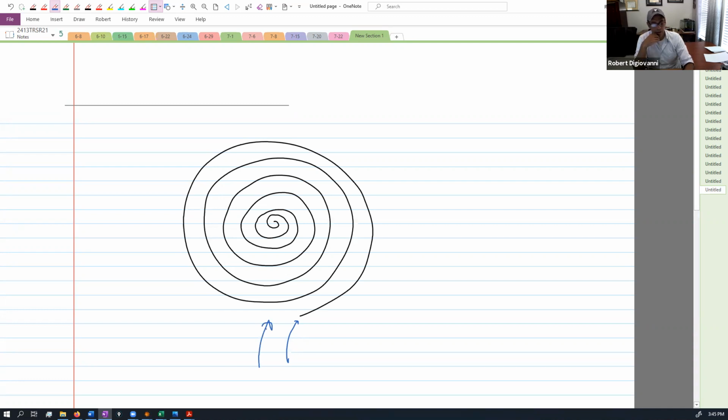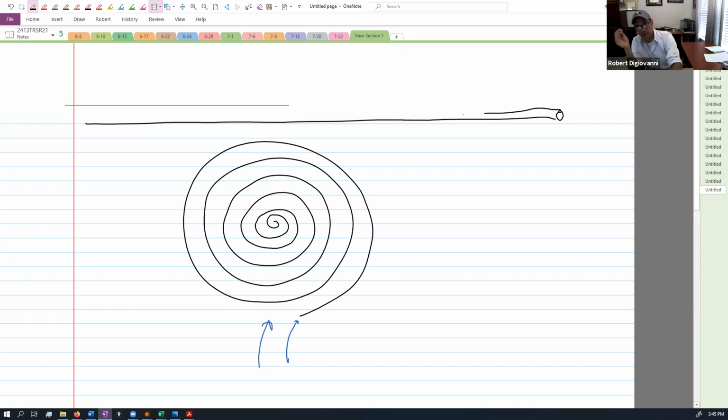And so I needed to cut this coil in half. Imagine if this coil was uncoiled, it would just be this long pipe, right? Like this. And what I needed to do was cut it in half, figure out where the halfway point was without uncoiling it. So can you find me where on this spiral halfway is?